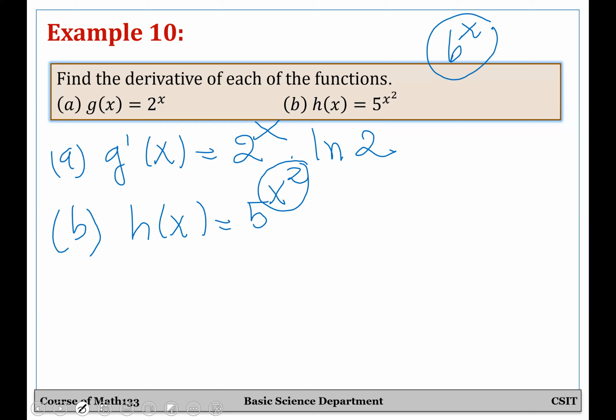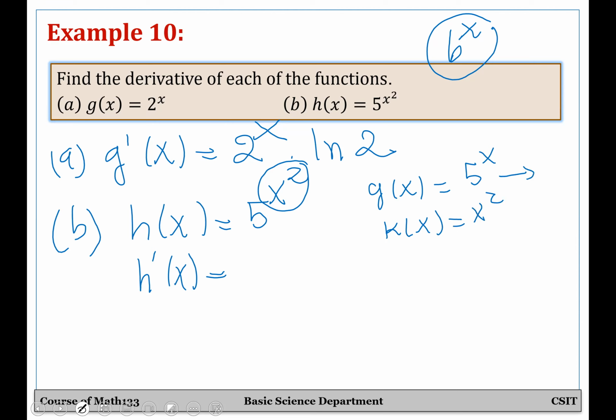So I will differentiate h prime using the chain rule, okay? It's like you say, I will put g of x equal to 5 to the x and k of x equal to x squared. That's the composition.